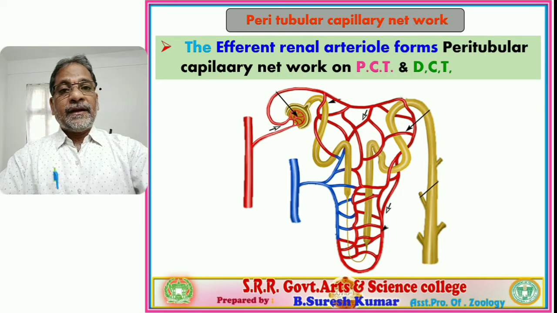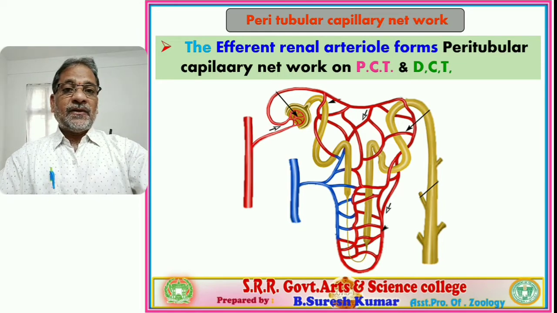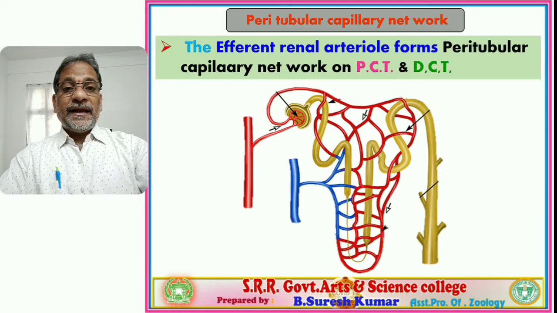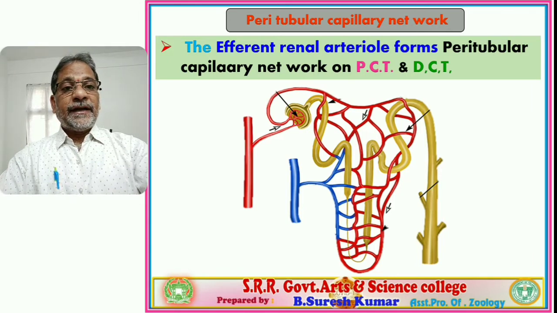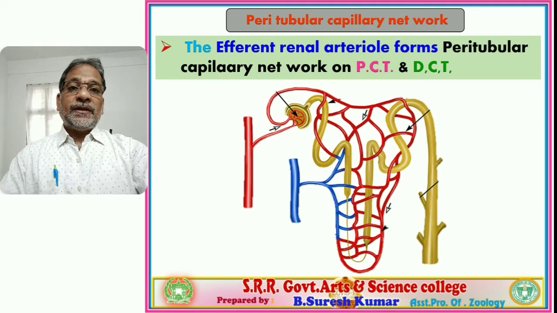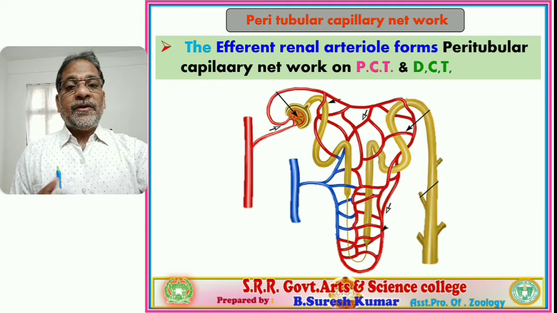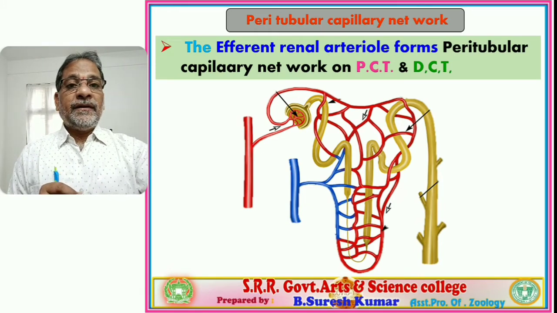The afferent renal arteriole supplies oxygenated blood. Then it is collected by what? The efferent renal arteriole. So the efferent renal arteriole comes out from the Bowman's capsule. This is the efferent renal arteriole.